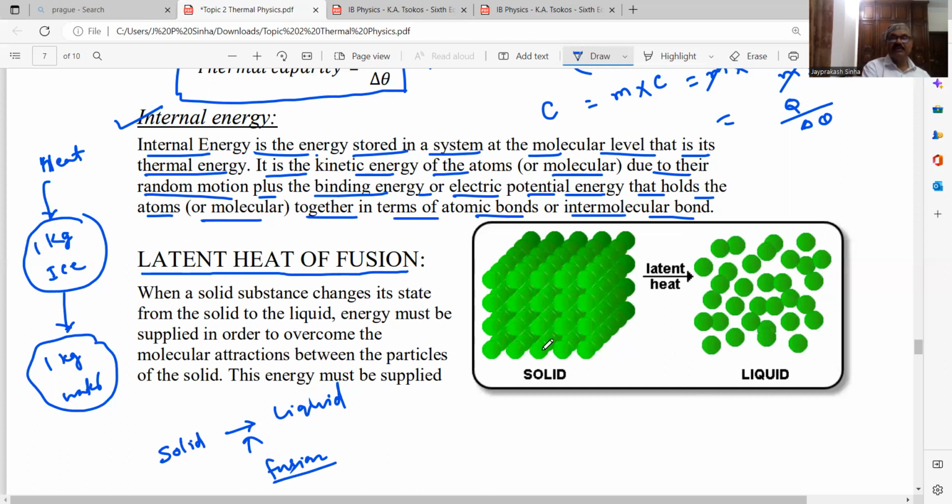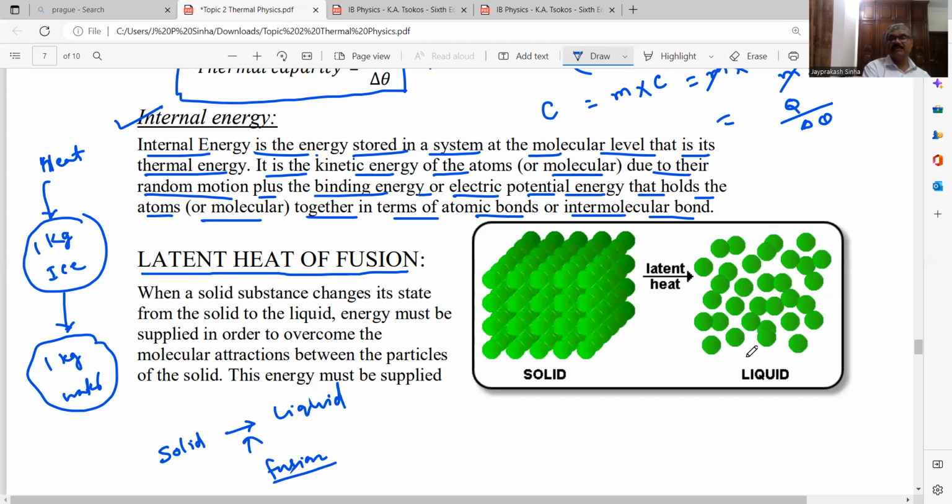See here, if this is solid, the molecules or atoms are very closely spaced. They are bound, here the binding is stronger. And then when you supply the latent heat, then what happens? Whatever the energy you are supplying, that energy is being utilized in breaking these bonds.